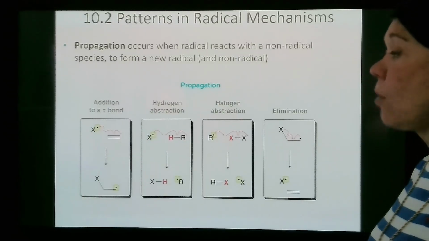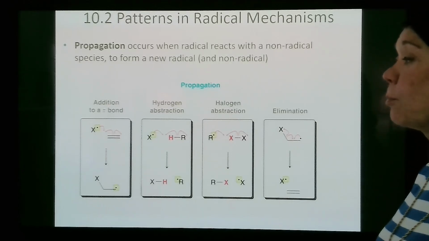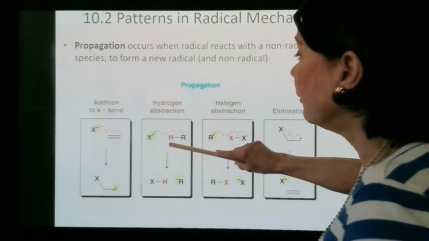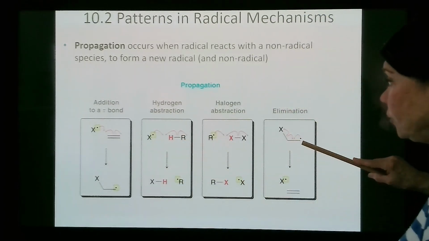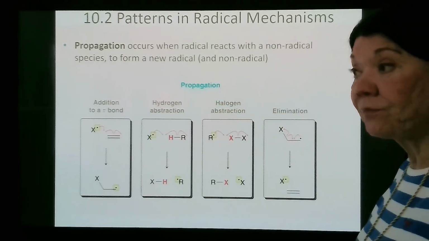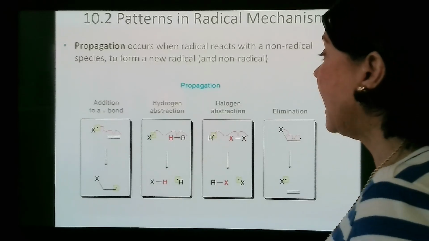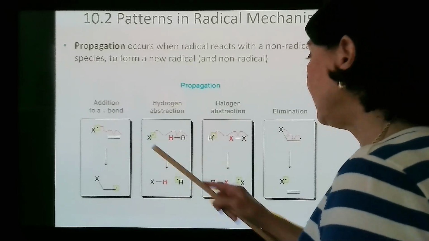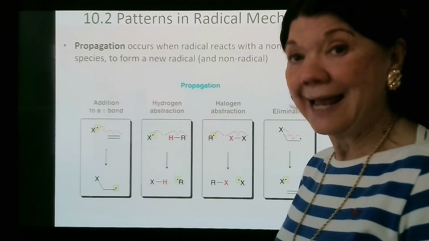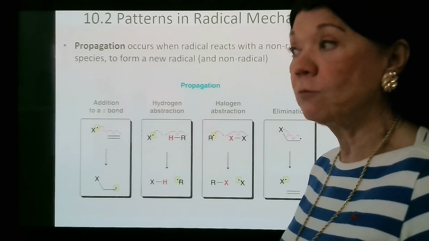Then, in a radical chain reaction, you're going to have a bunch of propagation steps. And so these different types of steps will serve to propagate the reaction. These four, as they're drawn here, aren't going to make any sense because you probably won't use all four in a radical chain reaction.